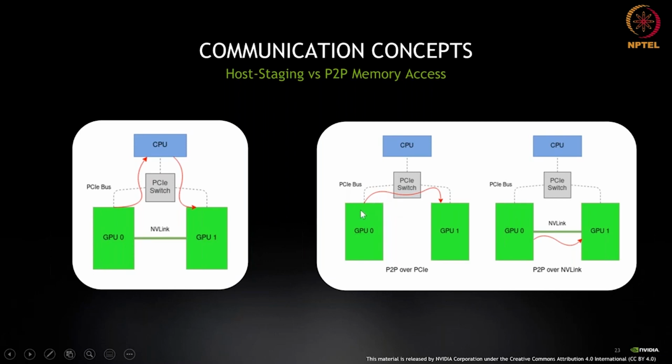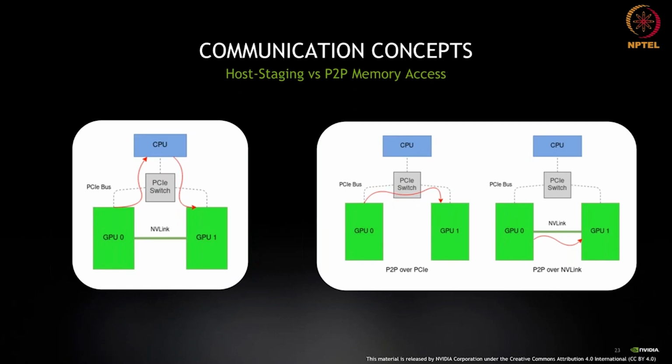Here you can see the interconnect is a PCI switch, and GPU 0 is directly talking to the other GPU via the PCI switch. Or it can use the NVLink protocol that I just talked to you about, directly using much higher bandwidth and lower latency as compared to using a PCI switch.